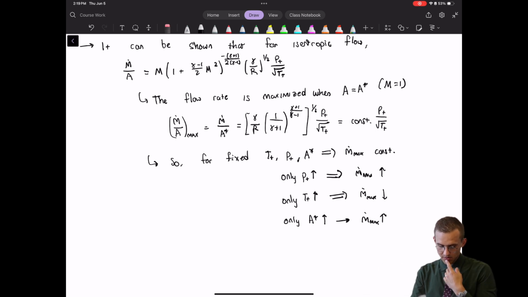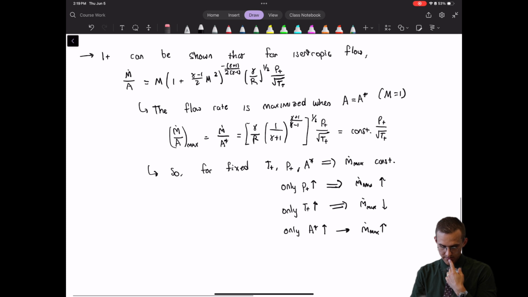Okay, hopefully it was clear why we have this. In fact, it probably wasn't clear at all why this quantity is maximized at M equals 1. But you can go ahead and do that using calculus if you like. But just take my word for it that that is where the flow rate is maximized for that relationship.